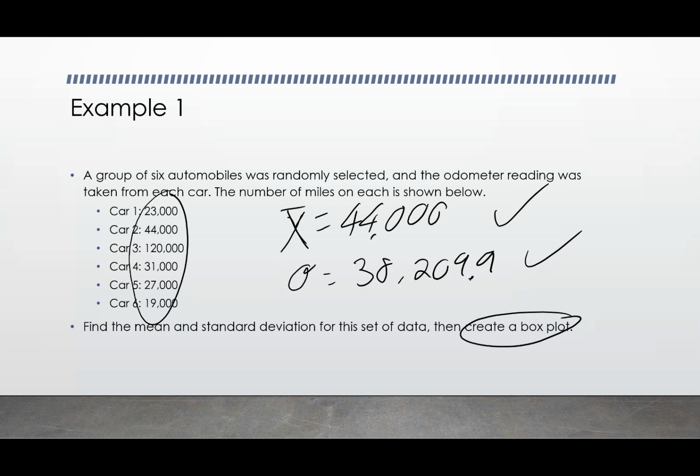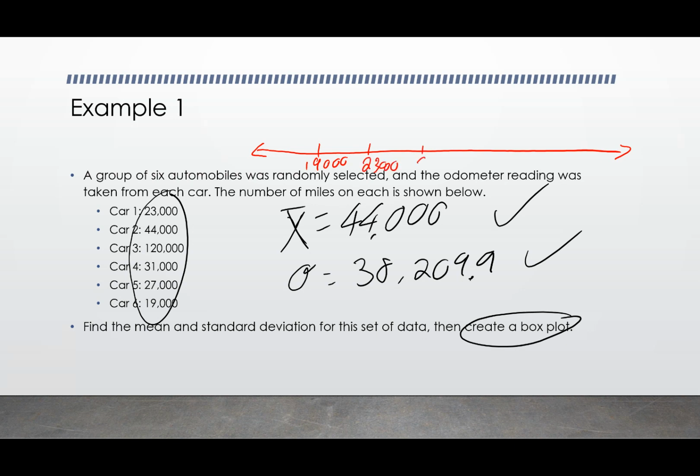So let me go ahead and full screen this real quick. I'm going to do it up here. So let me make a number line. And I'm just going to sketch this out real quick. So I'm not going to make it like as neat as it probably should be, but that's fine. So our minimum was 19,000. So we'll just say this is 19,000. Our first quartile was 23,000.